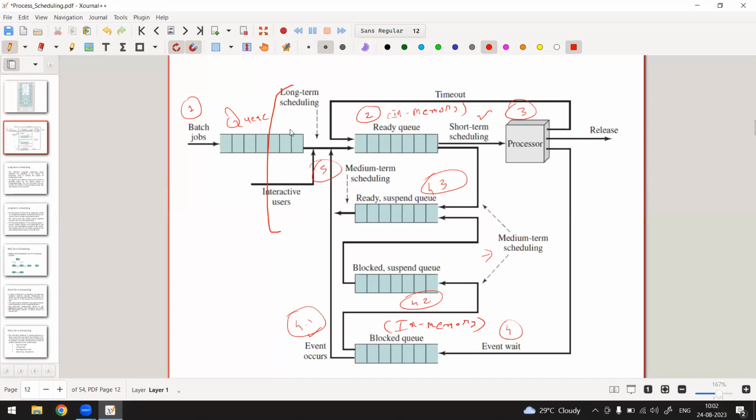If you have any doubts in this, we can discuss it. Otherwise, we move to the next topic, actually process scheduling.